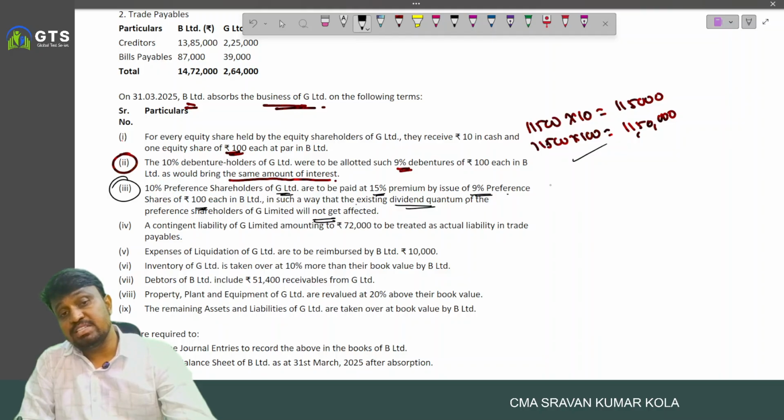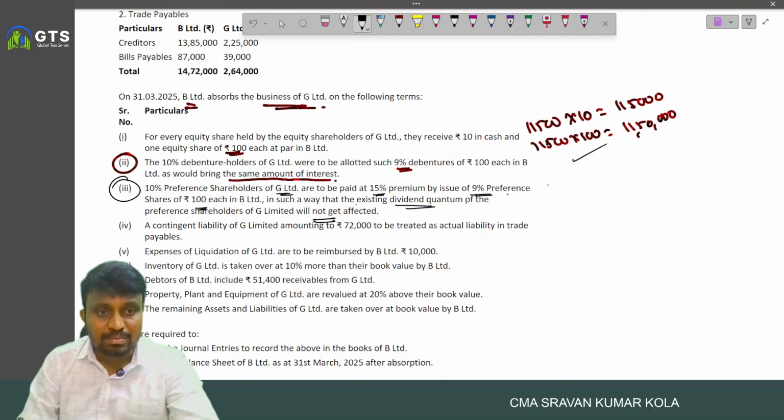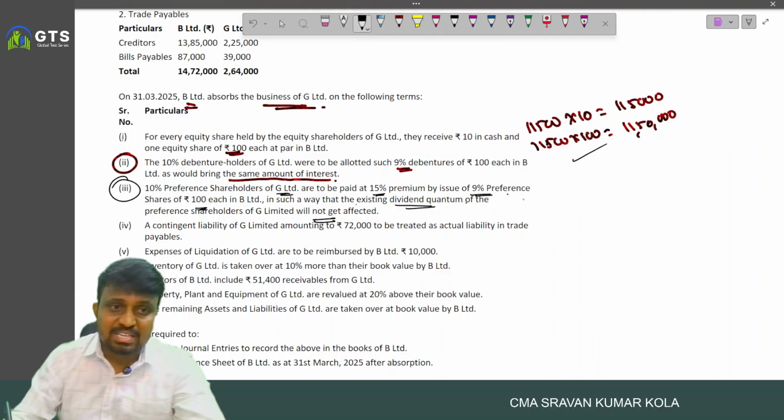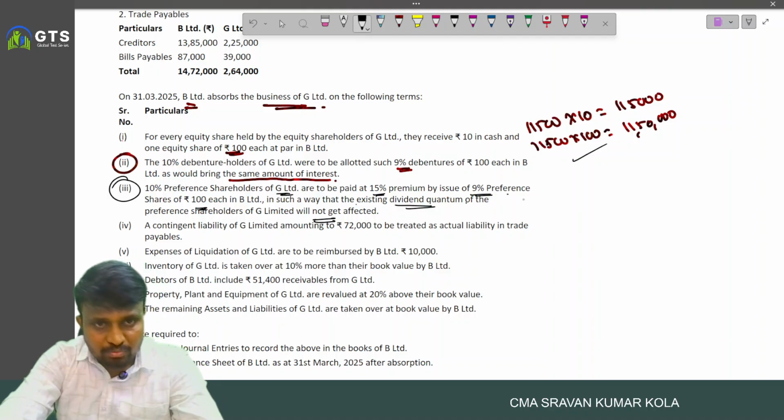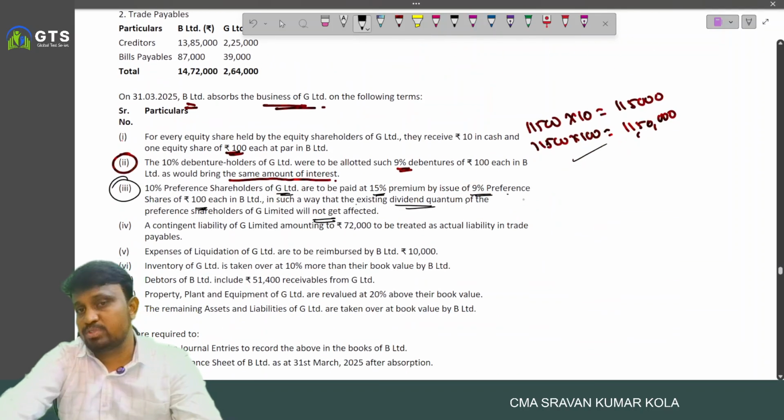So we have to settle it at 15% premium. What is the 10% preference shares of G Limited? 2,700 into 100, 2,70,000 into 10%.